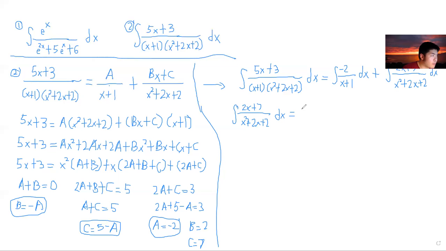So 2x plus 7 is equal to 2x plus 2, over x squared plus 2x plus 2 dx, plus 5 over, and this is how I'm going to write it, x squared plus 2x plus 2 is equal to 1 plus x squared plus 2x plus 1, but that's just 1 plus (x plus 1) squared. And you're going to see in a second why I'm writing it like this.